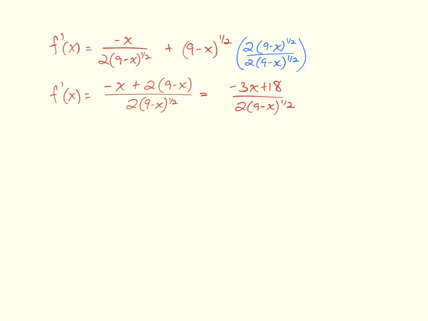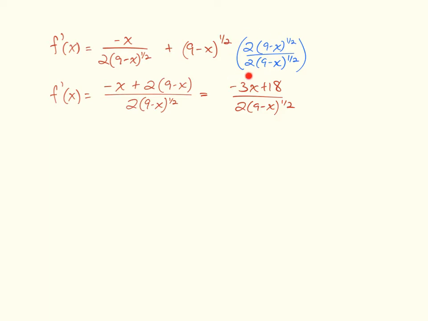On this page, I have done some simplification to the first derivative, mostly making sure that this fraction in this term and this term can be combined together. The only way you can combine something that is a fraction with something that is not a fraction is to give it a common denominator.